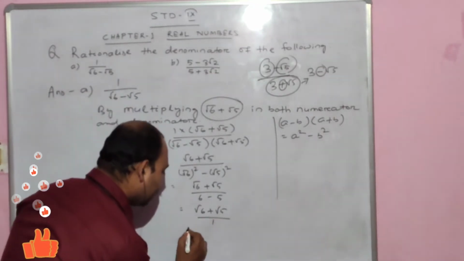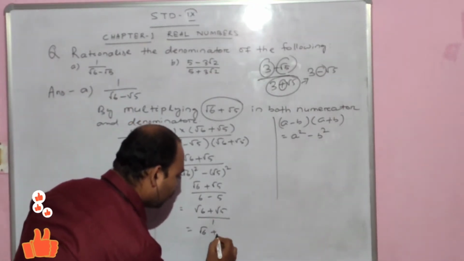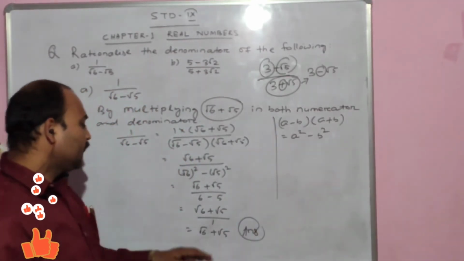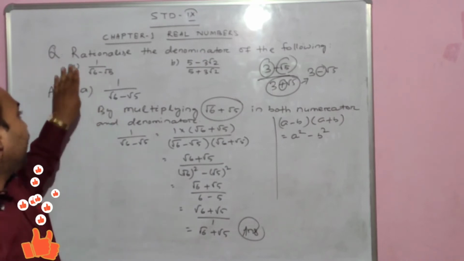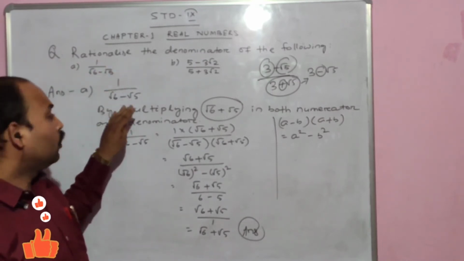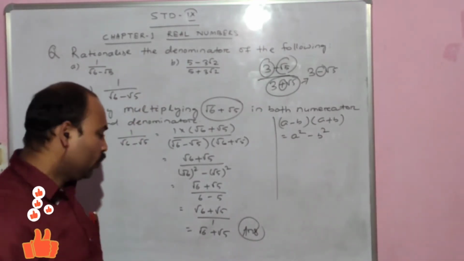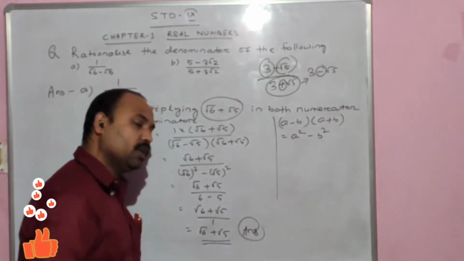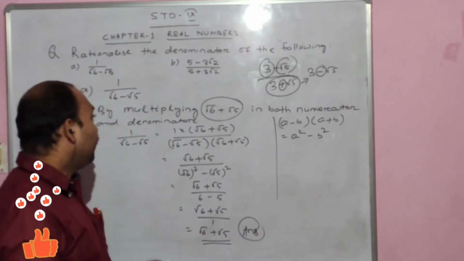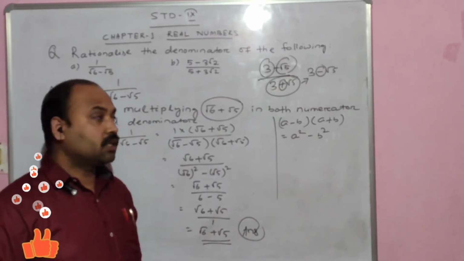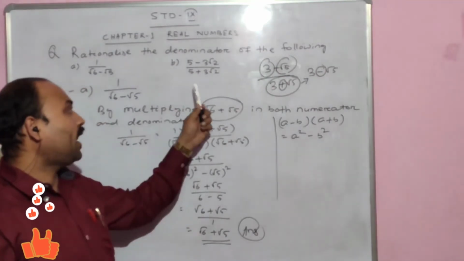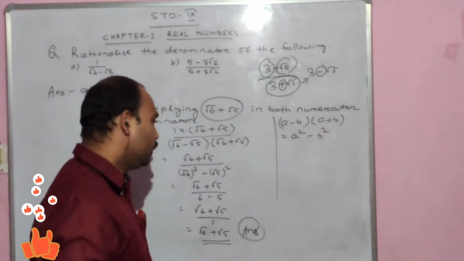So your answer is root 6 plus root 5. When we rationalize 1 upon root 6 minus root 5, we get the answer root 6 plus root 5. Next, we will discuss 5 minus 3 root 2 upon 5 plus 3 root 2.